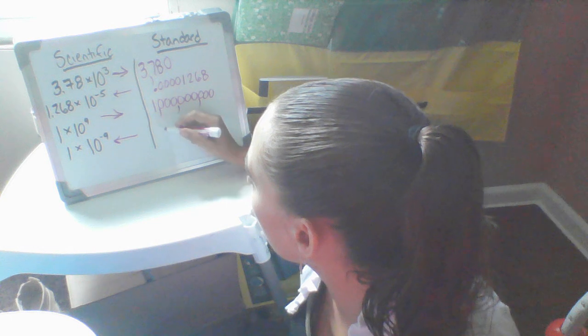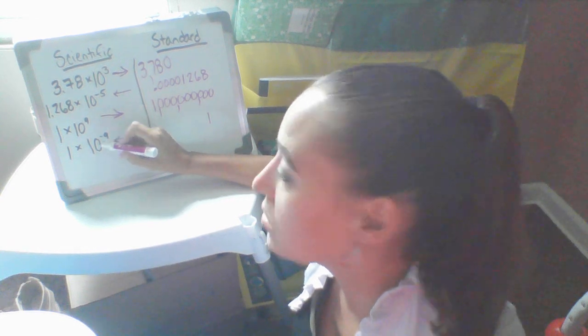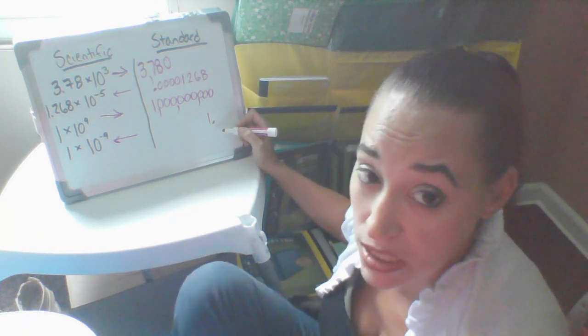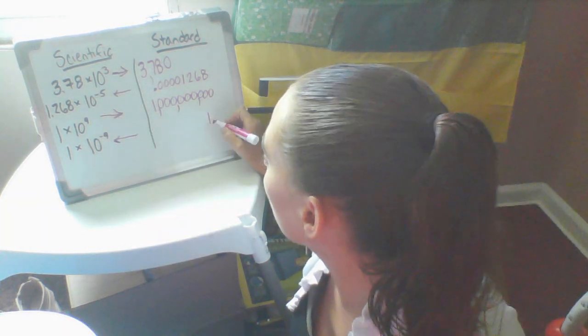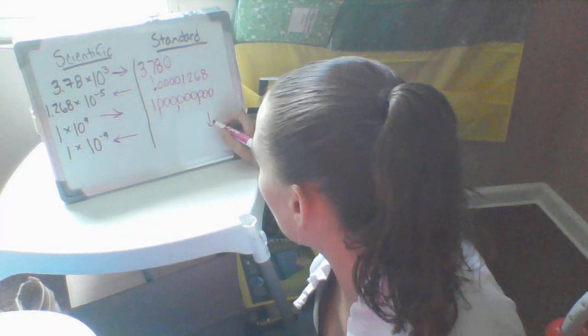Now I have 1, but it says I'm moving 9 places to the left. So this one's a little different. Remember the decimal point's right there. So I'm moving 9 places. This one, you don't have the 9 zeros. It's not positive, it's negative. So this is 1 time I moved. If it's negative, you subtract one zero, because I moved 1 time.